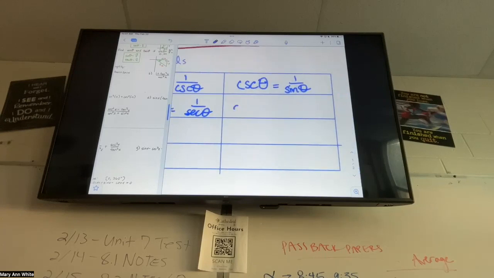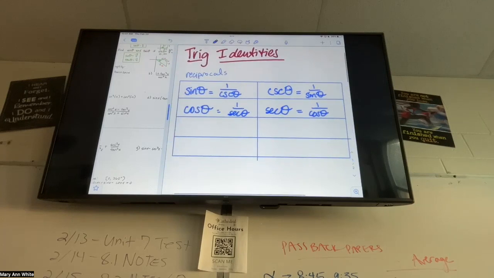And so we know secant is equal to 1 over cosine. And then last one, tangent. It goes with cotangent, so it's 1 over cotangent, and then cotangent is equal to 1 over tangent.